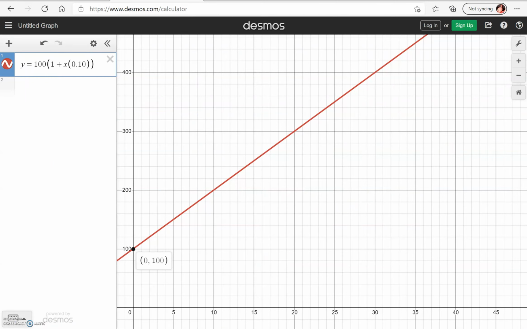Notice you start at time 0 with $100, then at 1 year in, we were at 110. 2 years in, we're at 120, 3 years in, 130, and you keep going. 4 years, 140, etc. You're growing by a constant $10 every year, and that becomes the slope of this linear-based model for simple interest.